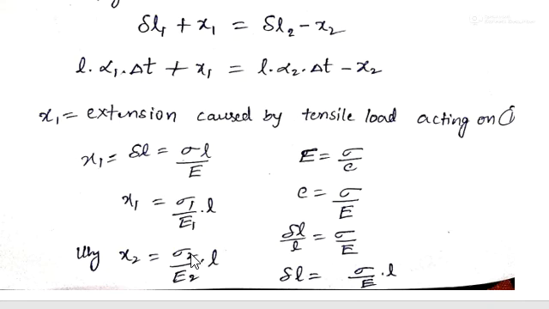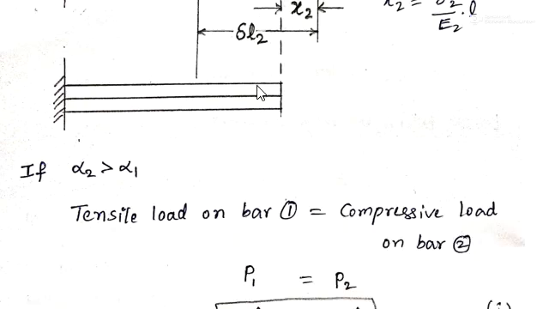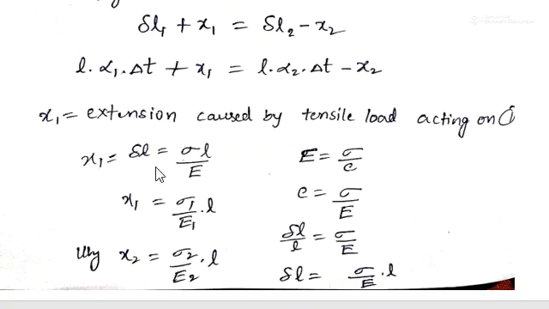So here sigma 2 is the compressive stress and sigma 1 is the tensile stress, because on bar 1 a tensile load is acting and on bar 2 a compressive load is acting. So sigma 1 is the tensile stress, sigma 2 is the compressive stress, such that we get x1 as the extension and x2 as the decrease in length of bar 2.